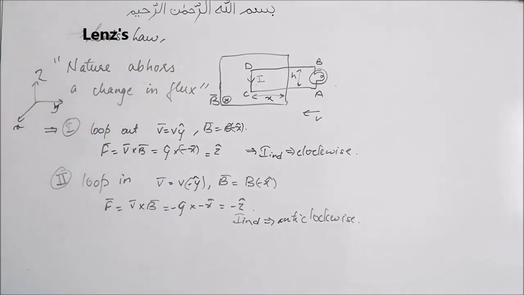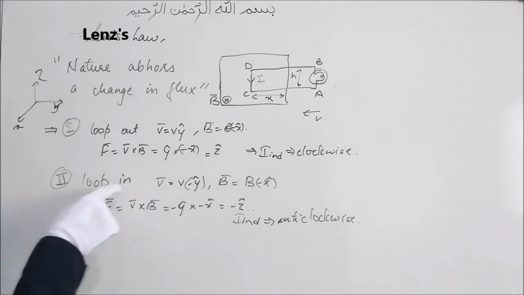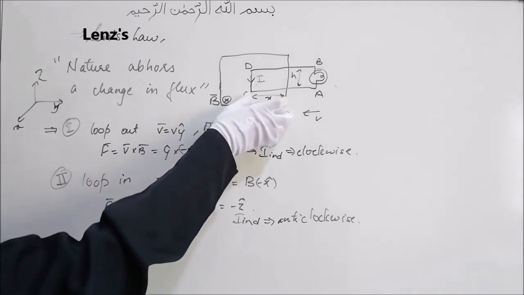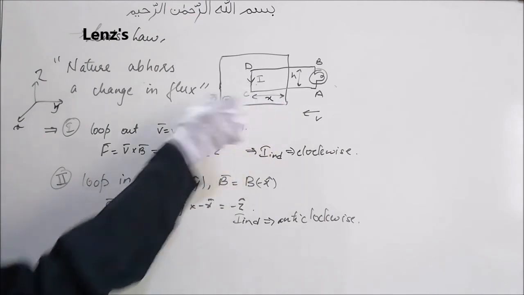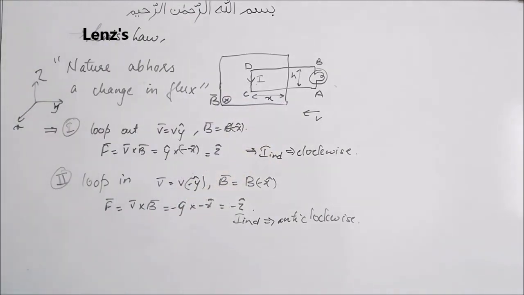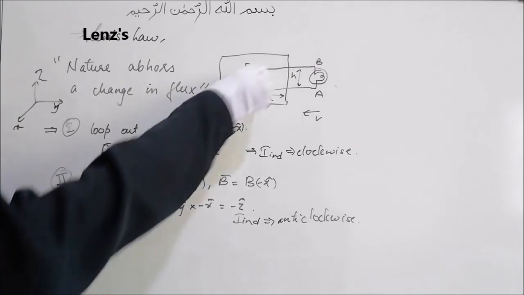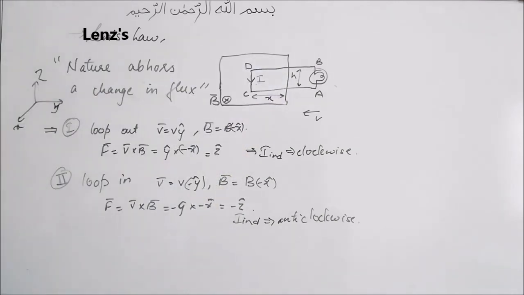The other way of looking at this will be: the loop is moving inside, that is, in this region the distance x is increasing. That means the magnetic flux, or we can say the external magnetic field which is linked with this loop, is also increasing. Therefore, the current will be induced in such a direction that it will try to decrease this magnetic field.